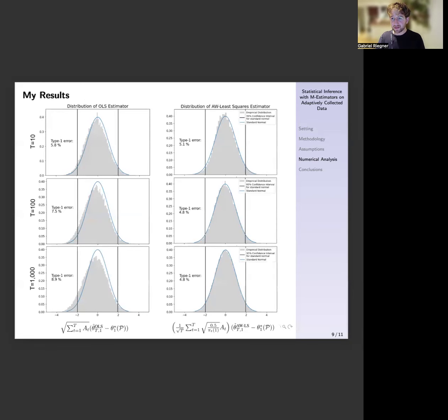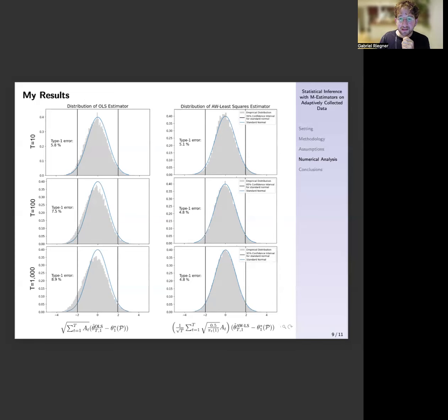But here I wanted to see what would happen if I varied the sample size t. So the results are shown in this figure with the first column representing the distribution of the OLS estimator, and the second column representing the distribution of the adaptively weighted estimator.